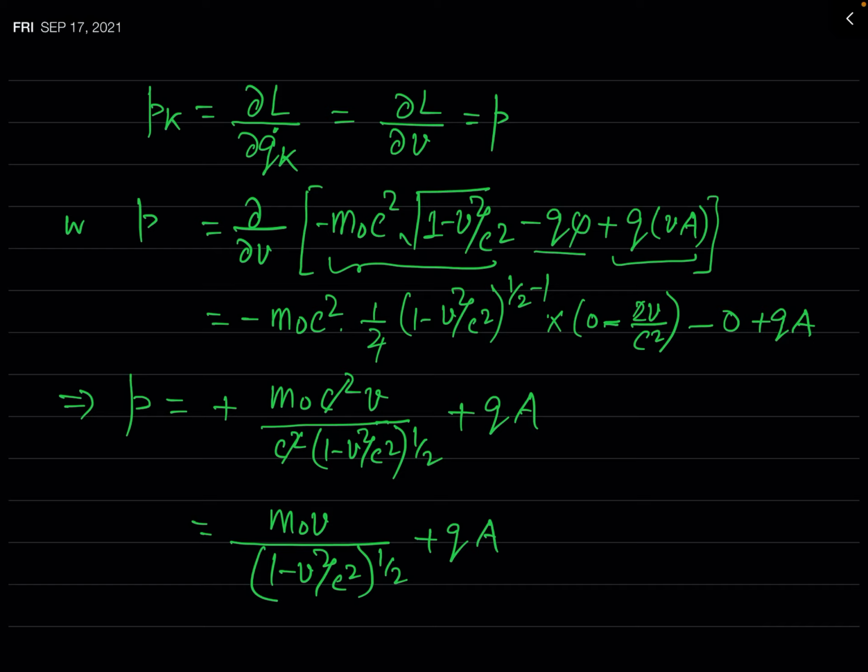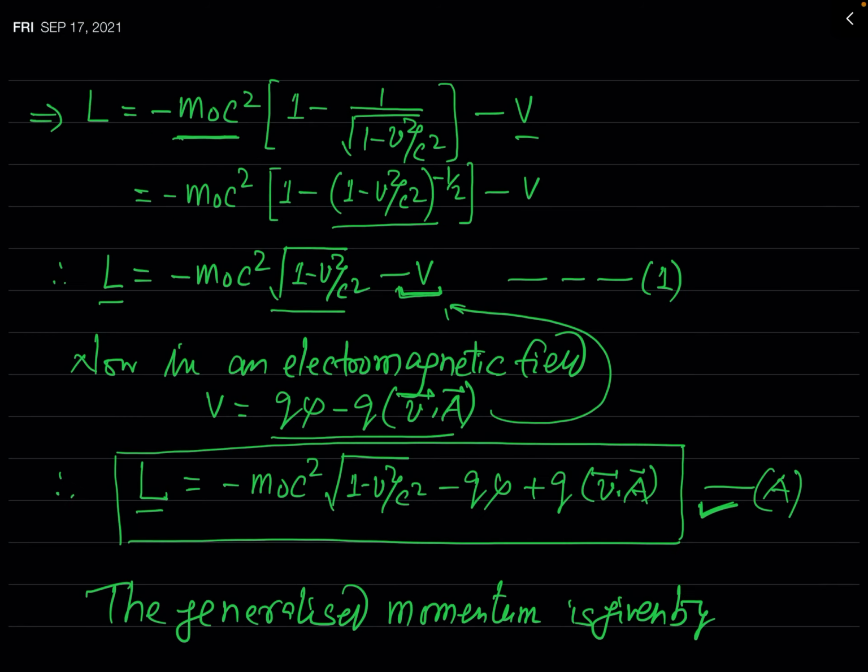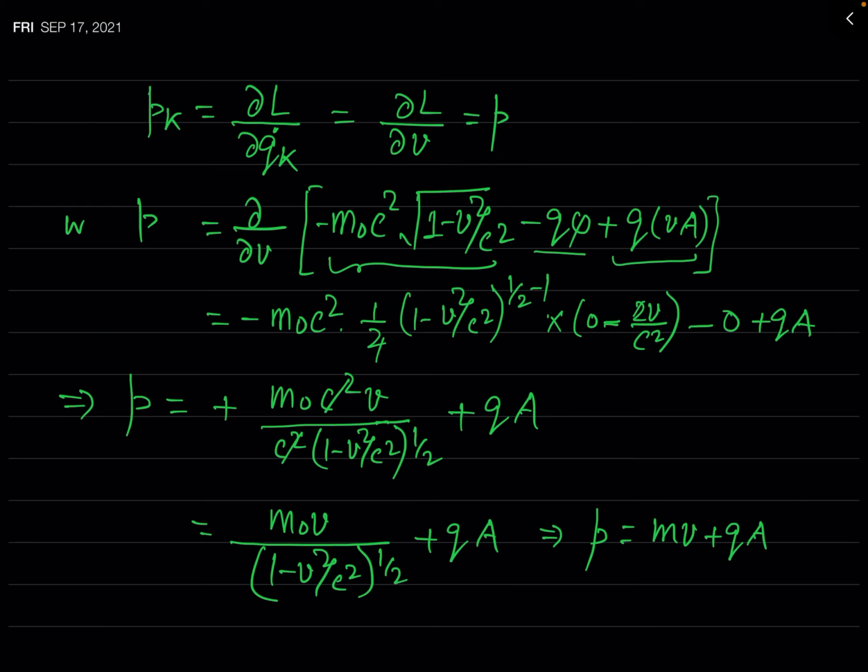But as you know from the relativistic mass variation formula, this m naught over square root of 1 minus v square by c square is the mass in motion m. So you can write this expression as P equal to mv plus qa. And let us say this is your equation number 2.